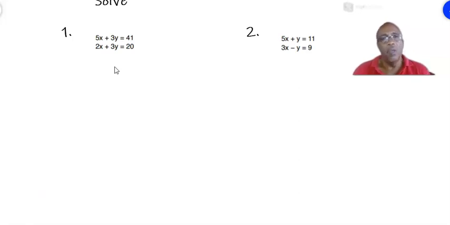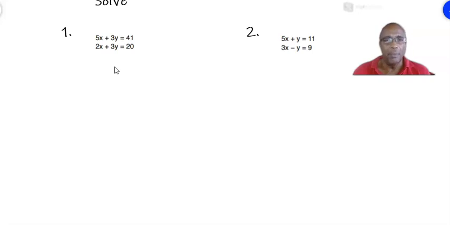One method of solving simultaneous equations is to try to get rid of one of the unknowns initially, so you end up with a simple equation with one unknown. In order to get rid of that one unknown, we have to add or subtract the two equations.